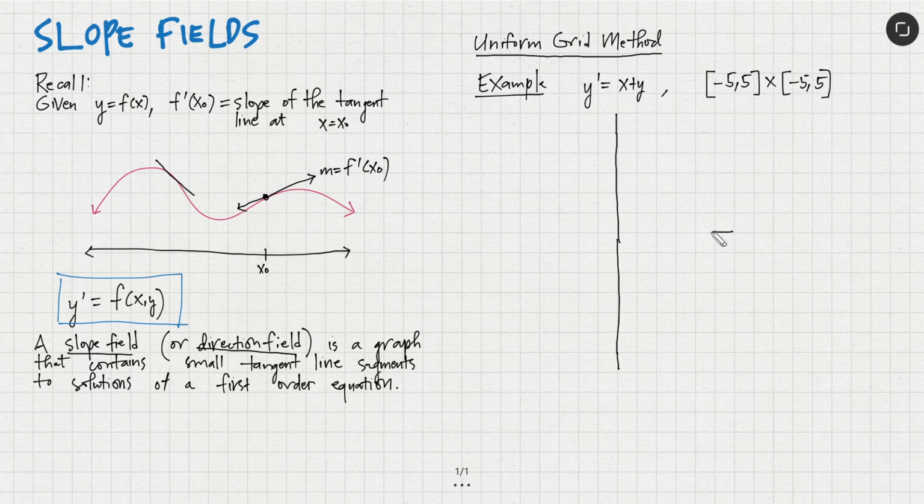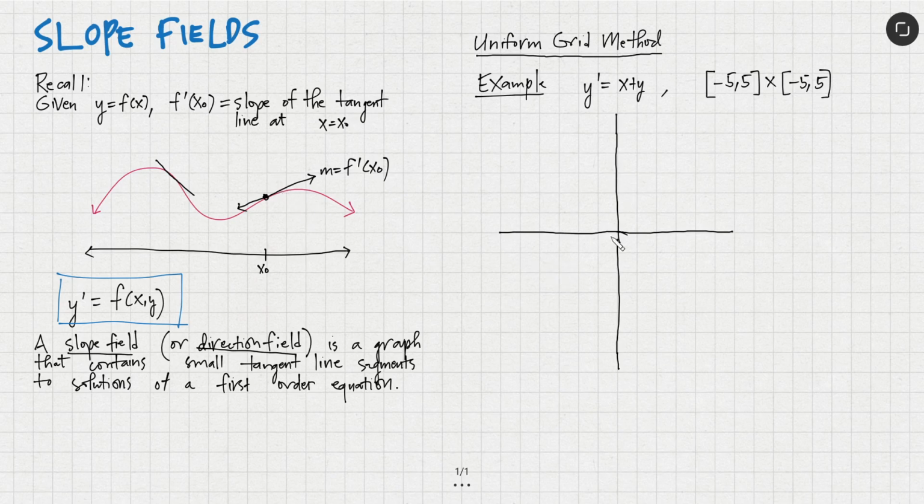Pasobrahan natin ng isa. So, ito, 1, 2, 3, 4, 5. There. So, this is our grid. Okay. You will have 121 points on this grid. Kaya medyo tedious itong method na to.